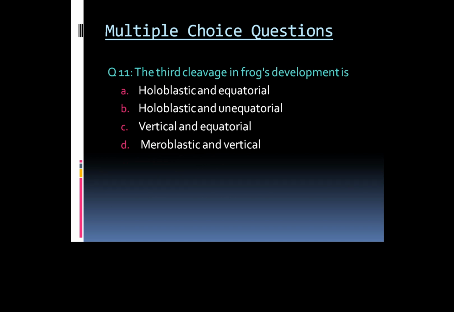Question 11. The third cleavage in frog's development is option A, holoblastic and equatorial. Option B, holoblastic and unequatorial. Option C, vertical and equatorial. Or option D, meroblastic and vertical.